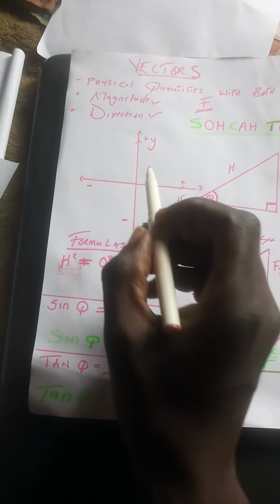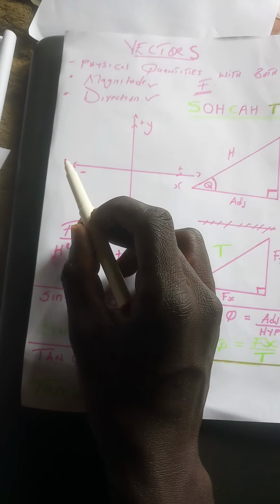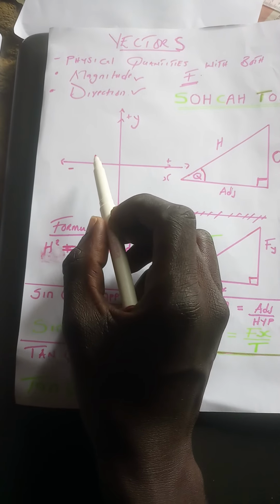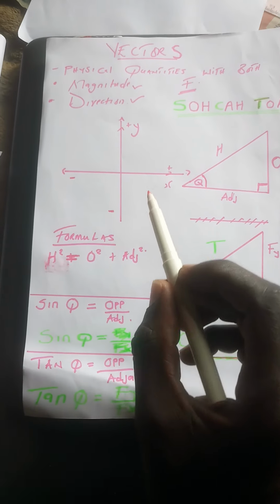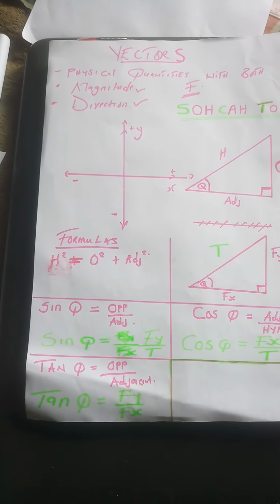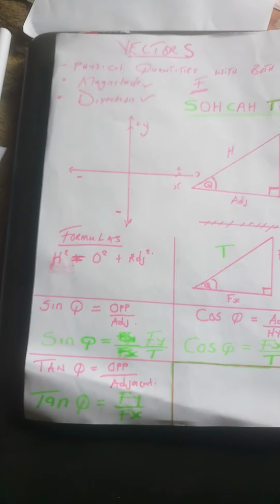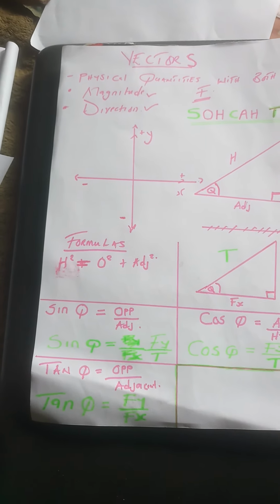The line in the x-axis going to the left is negative, so any force going in that direction will be negative, and any force going in the y direction but down is also negative. The two forces going to the right and up are positive. That's what we basically have to know there.